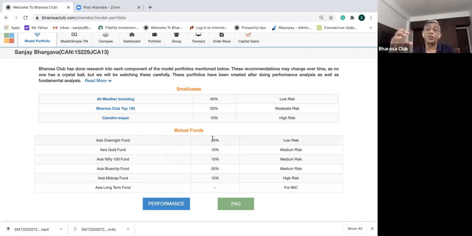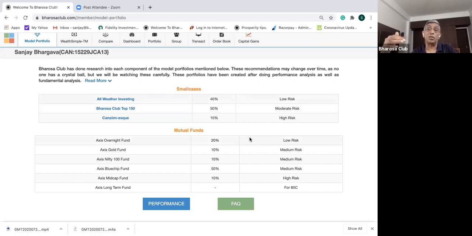So we said that when you go into low risk, you want to worry about safety and not about return. Okay. So even in that all-weather investing in the Smallcase, around 20% or a little more is in the overnight funds. So these are very low risk and they give very low return also compared to other alternatives.